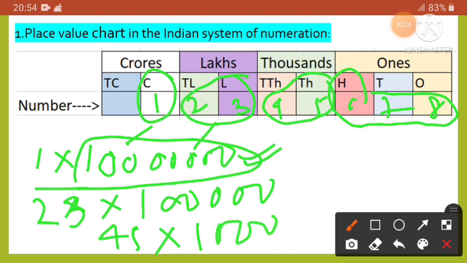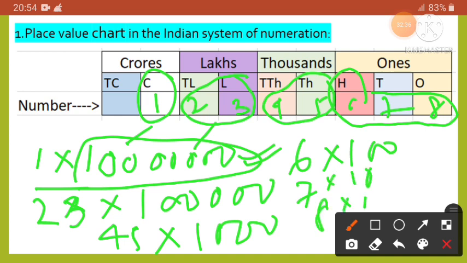Then 600, then 70, 7 under tens, so it will be 7 into 10, and then 8, so it will be 8 into 1. Now if we add all these numbers, we will get this number in total.